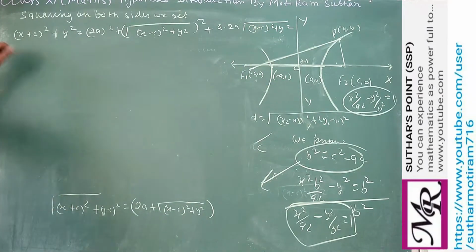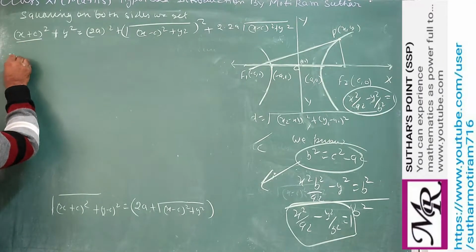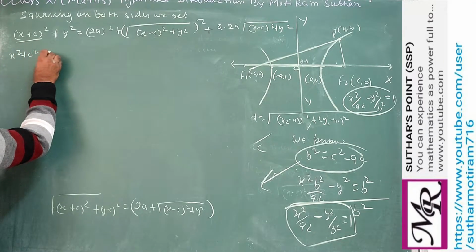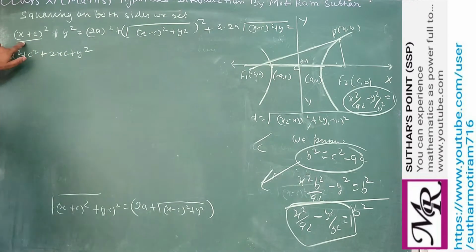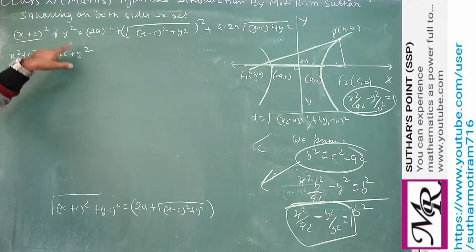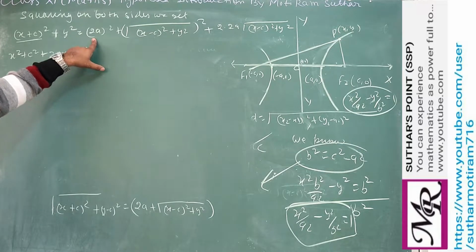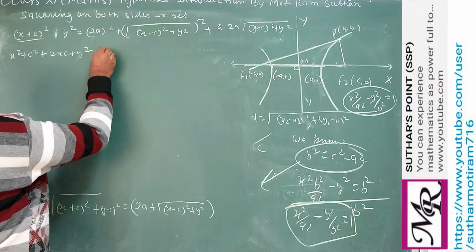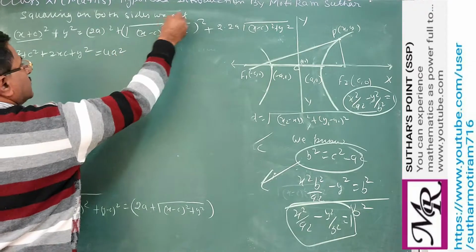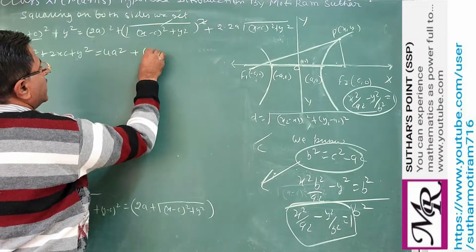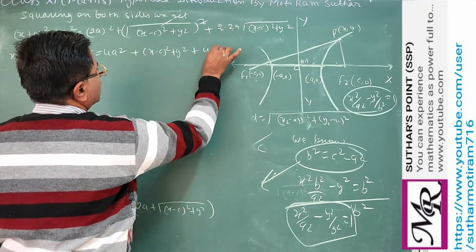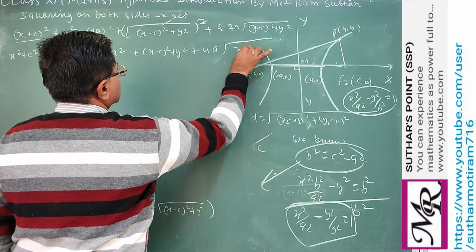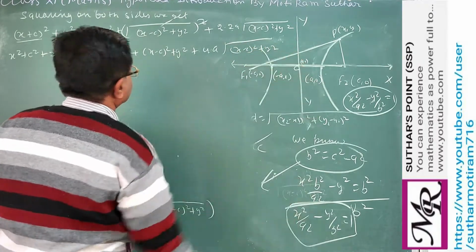Now we have to solve this. This you can open: x square plus c square plus 2xc plus y square. Here we used the formula (a plus b) whole square, that is a square plus b square plus 2ab. Now on the right hand side we see (2a) square, that is 4a square. Here the square and the root cancel, so we get (x minus c) whole square plus y square, and 2 into 2 is 4 times root of (x minus c) whole square plus y square.